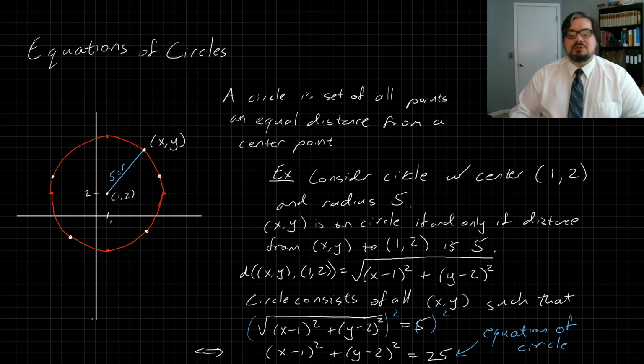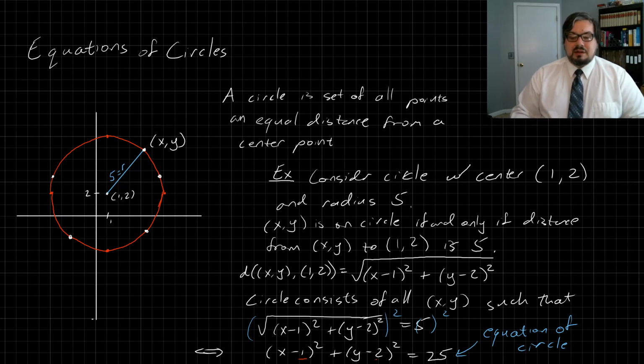Now I want to point out that there was nothing really special about any of the points that we chose, any of the numbers that we chose. There's nothing special about the point 1, comma 2. We could have used any point as our center. There's nothing even really special about our radius, except that, of course, it has to be non-negative.